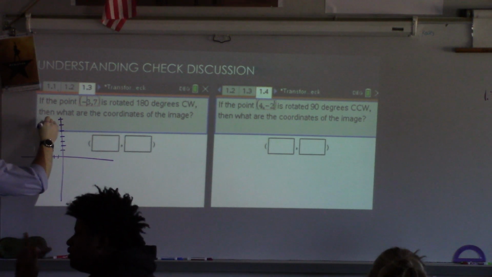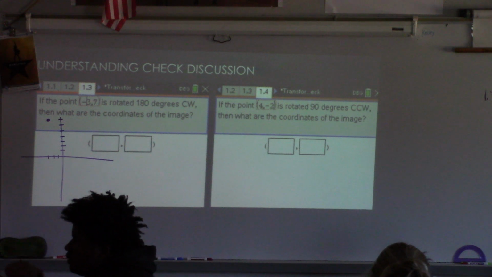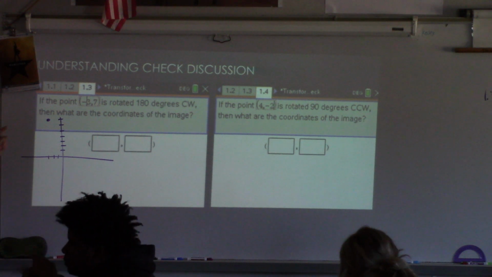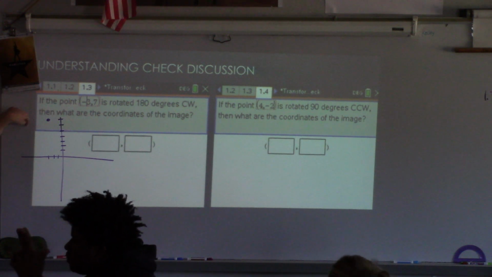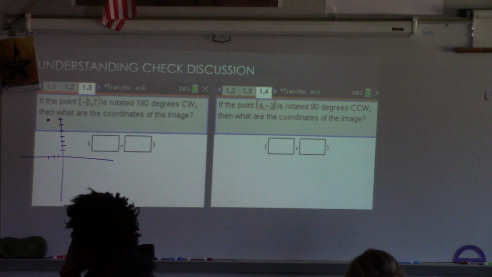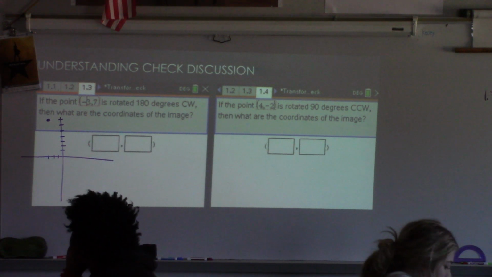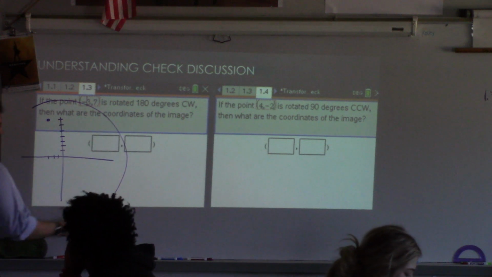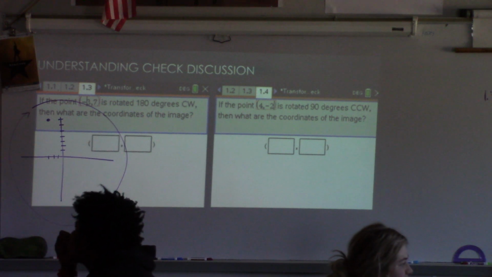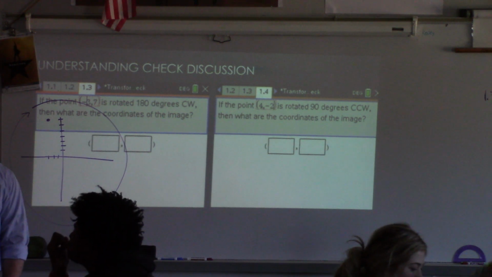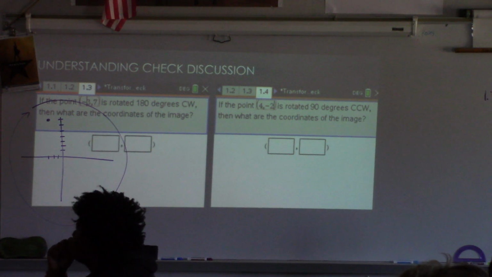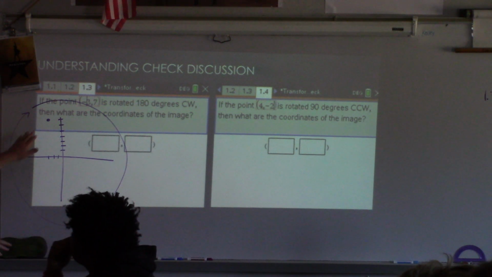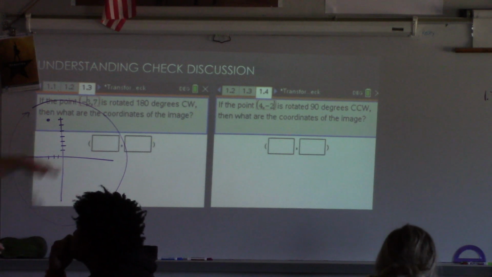There it is. If it is a clockwise rotation, is it going towards quadrant 1 or towards quadrant 3? Towards quadrant 1. Remember, it is following a clock. That is clockwise. Clockwise means it is following the order of a clock. So if I'm here and I'm going clockwise, it's going into quadrant 1.